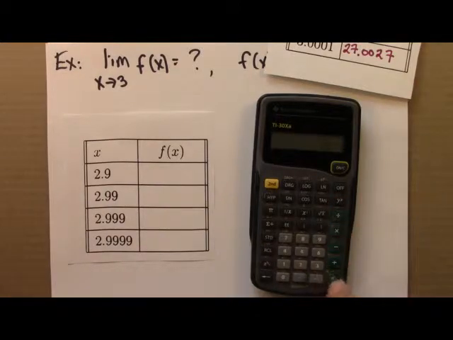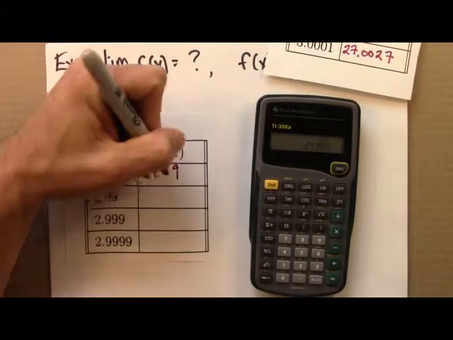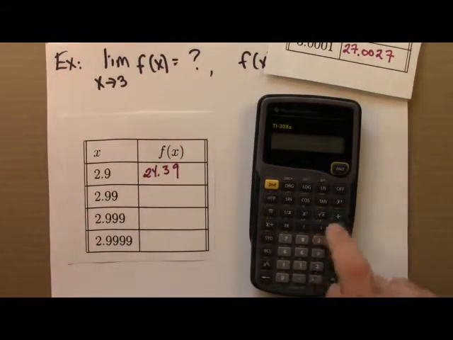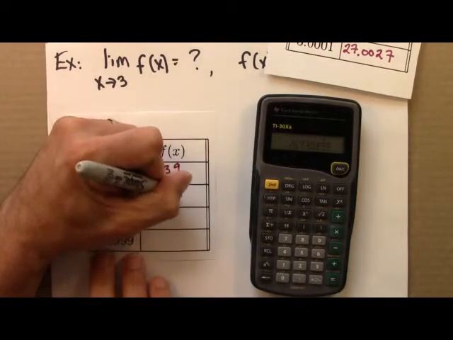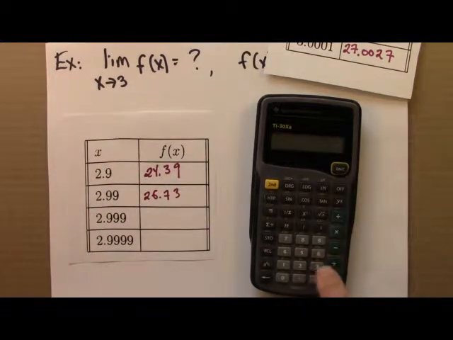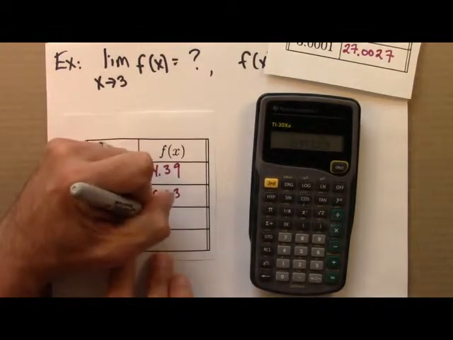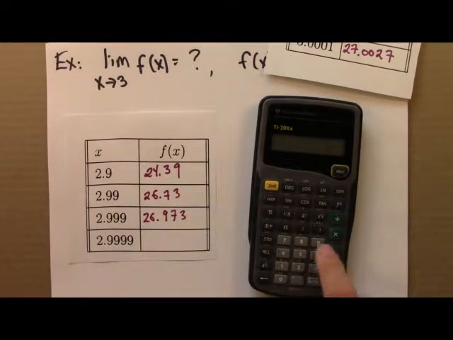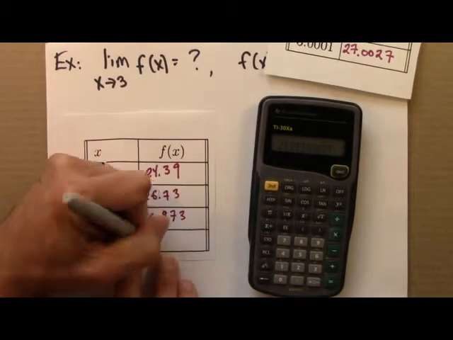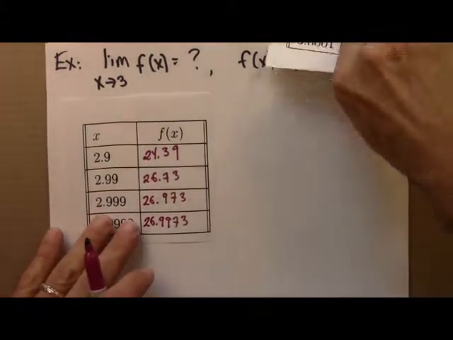Well, again, let's just plug into our calculators. 2.9 cubed is 24.39, 2.99 cubed is 26.73, 2.999 cubed is 26.973, and one more, 2.9999 cubed is 26.9973. So here are the results of our experiment.